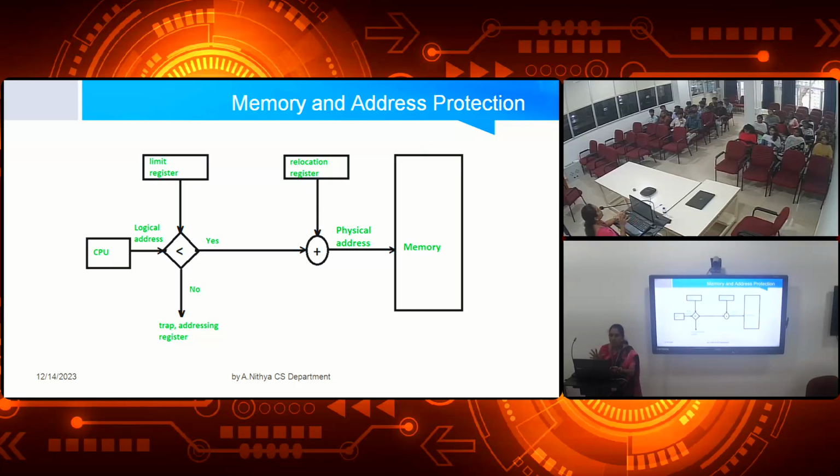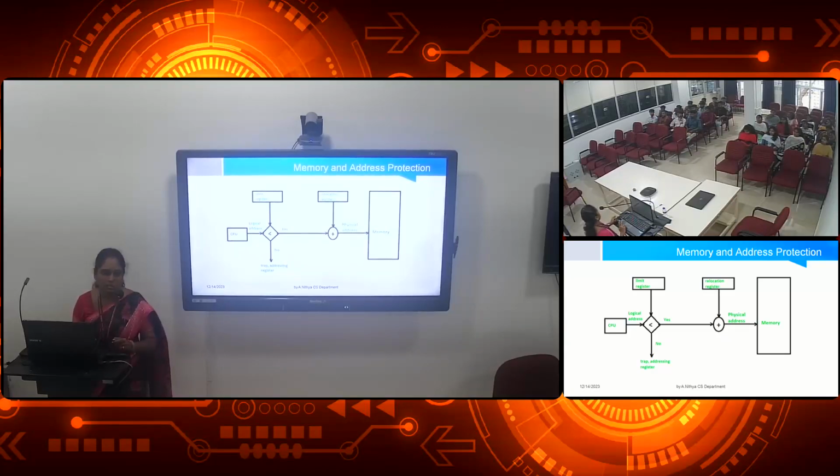Here they protect the data by means of two types of registers, that is the limit register and the relocation register. Suppose you have more than enough memory size of programs, in the sense they will relocate the program to some other device. By that we can protect our memory and address.